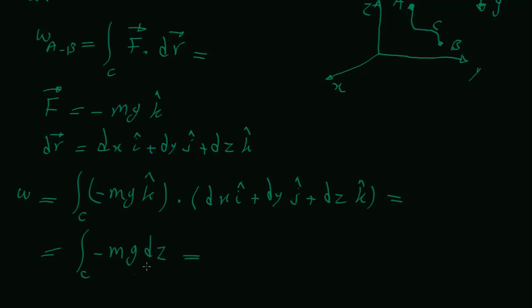Here we can see that the work depends only on the z difference between point A and B. So we have minus mg dz going from point A to B, which is minus mg times zB minus zA.